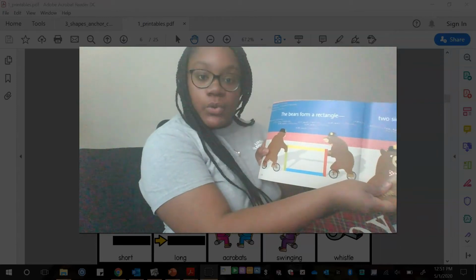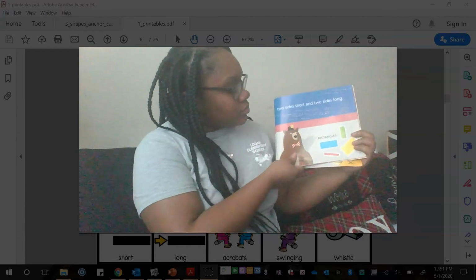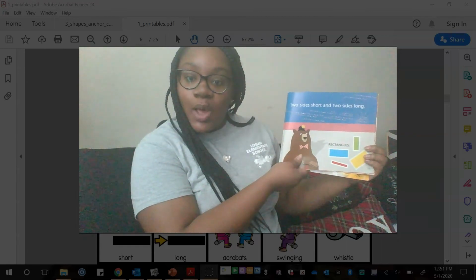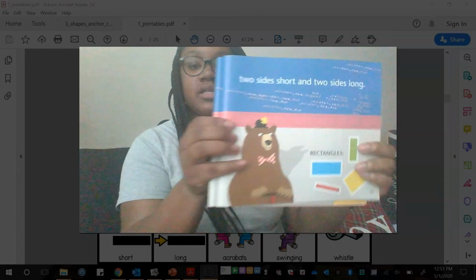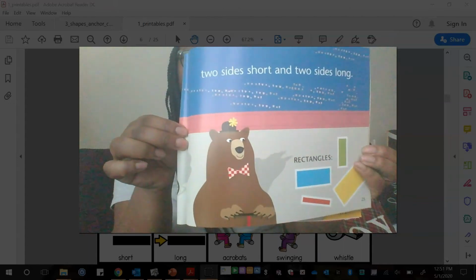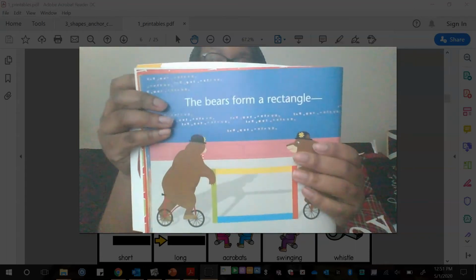The bear forms a rectangle. 2 sides short and 2 sides long. So here are rectangles. And here on this page, they made a rectangle.